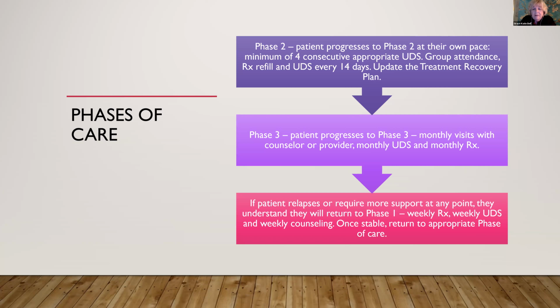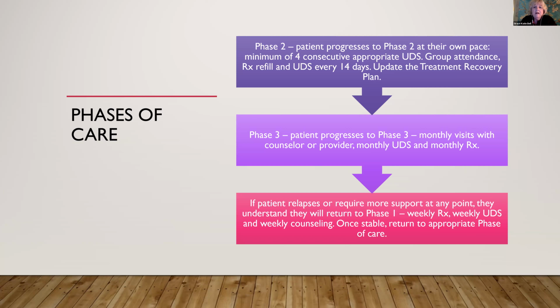And we can talk about that later if you'd like. But definitely 4 consecutive appropriate urine drug screens is one of the minimum requirements. Also that they have completed their behavioral health biopsychosocial visit, and that their buprenorphine naloxone dose is stable. So no changing around. And then we go to phase two.